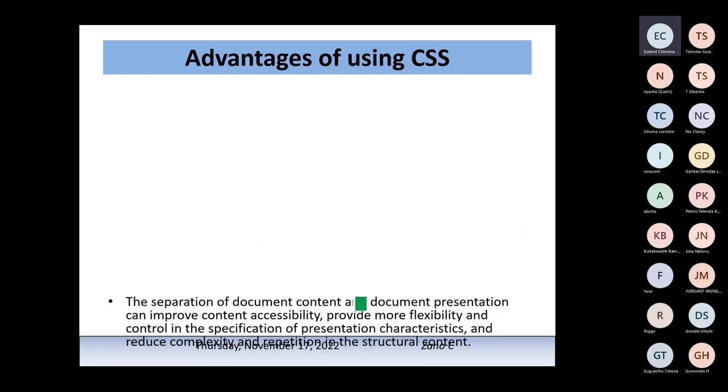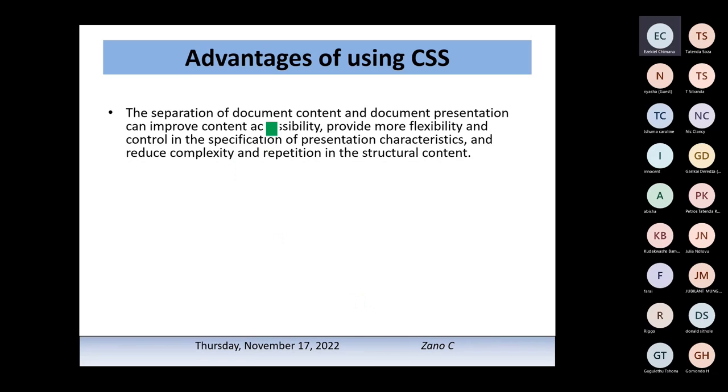So, advantages of using CSS. The separation of document content and document presentation can improve content accessibility, provide more flexibility and control in the specification of presentation characteristics, and reduce complexity and repetition in the structural content.